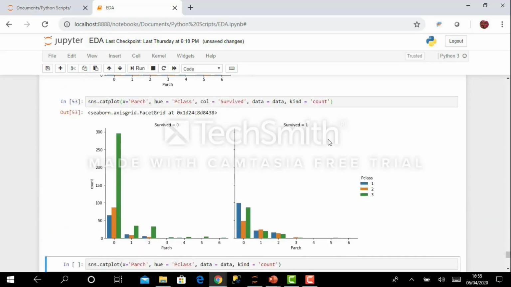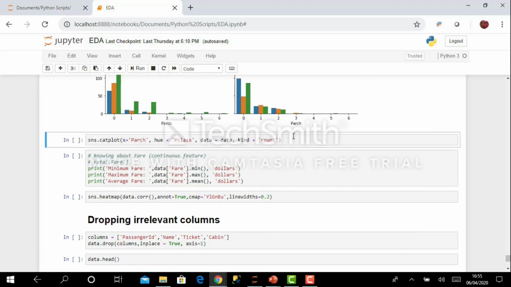For the people who survived, most of them have 0, 1 or 2 parents, and here you can see that these third class passengers having no parent, most of them did not survive, right? So this is how it is distributed.